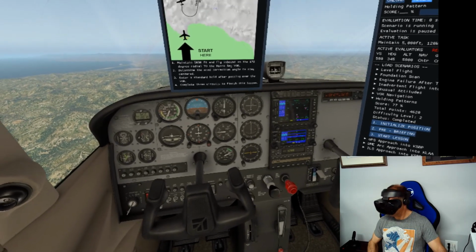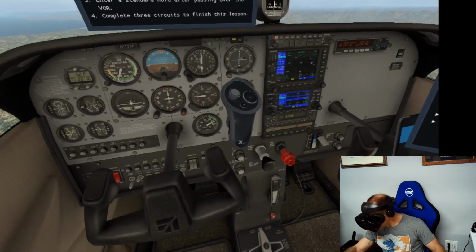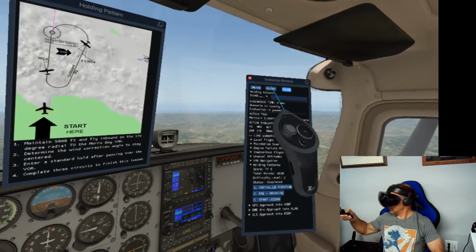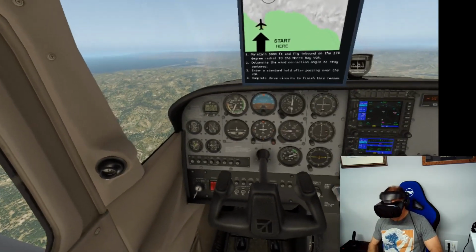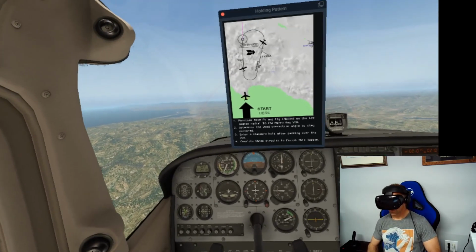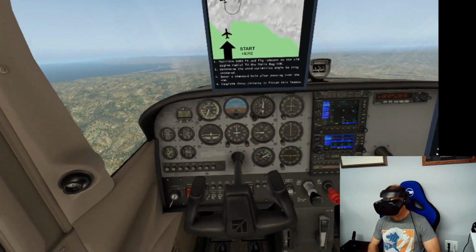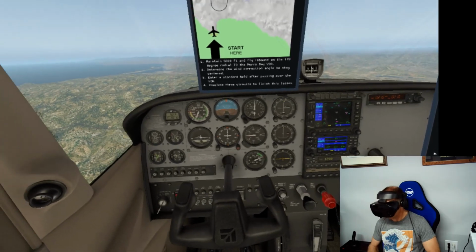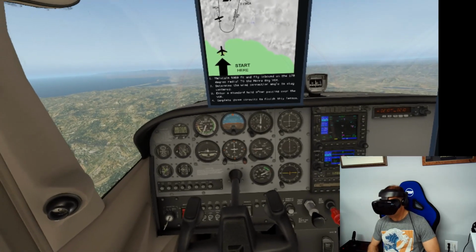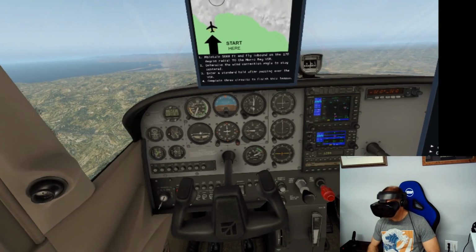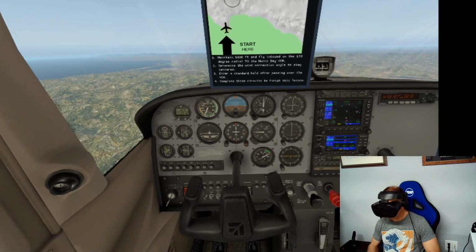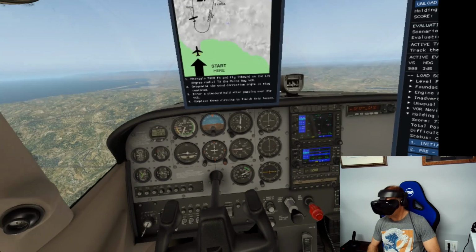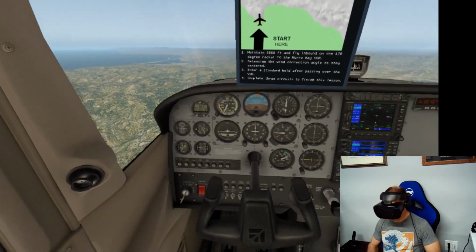I set your OBS and navigation radio for you. Cleared to the Morro Bay VOR, hold south on the 170-degree radial. You have reached the required altitude and speed. Track inbound on the 170 radial to determine your wind correction angle. Maintain 5,000 feet.